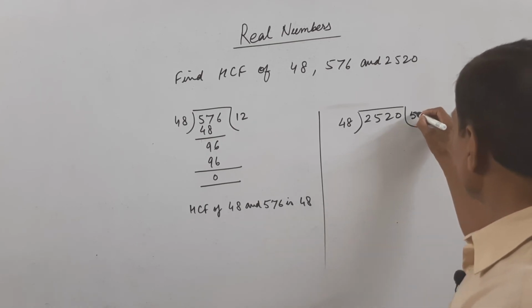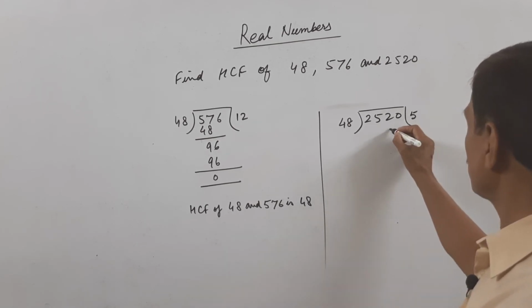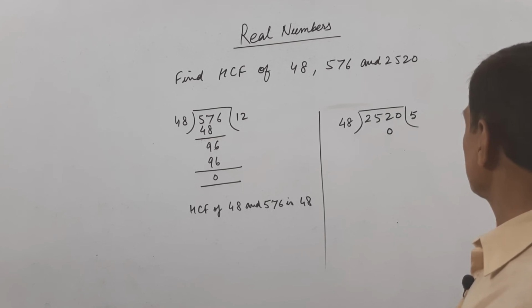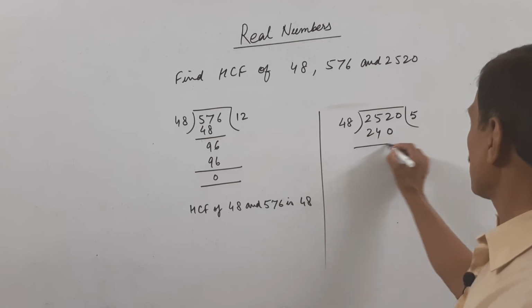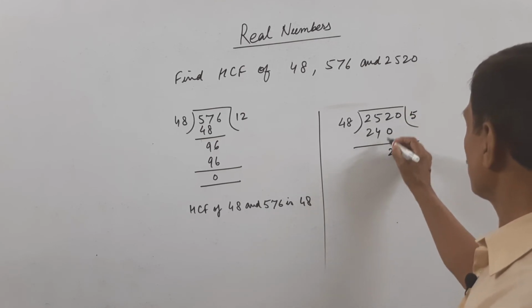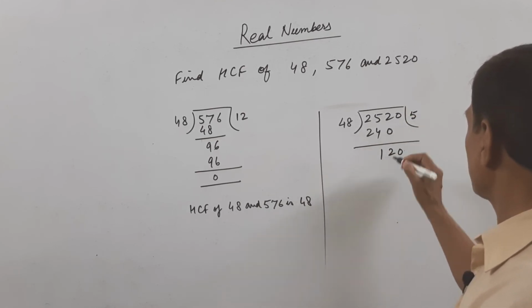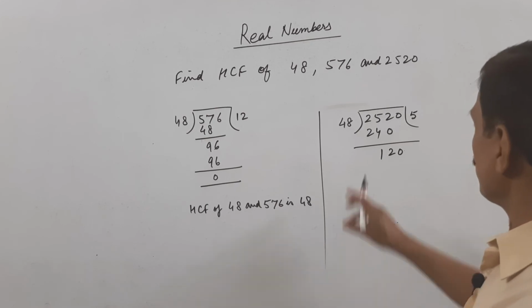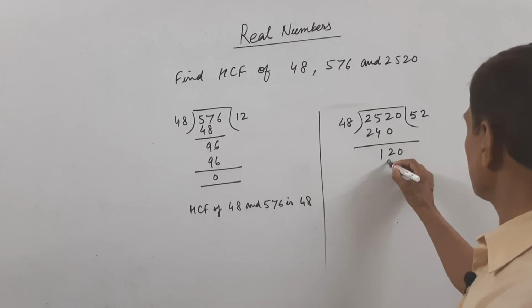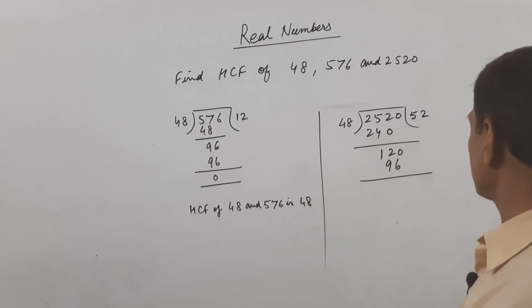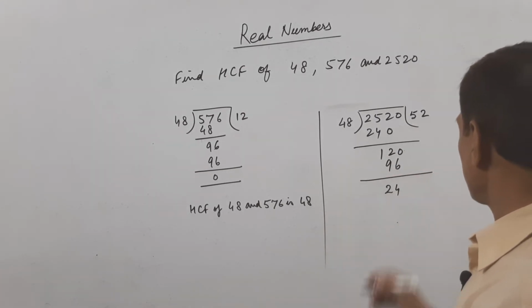This is 5 times. We divide it again. This is 2 times 96 and this is 24.